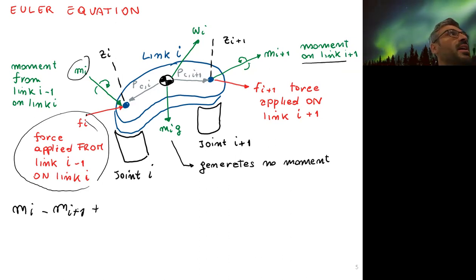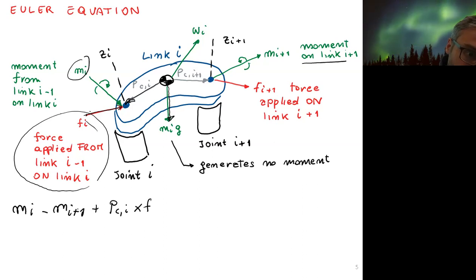Since we are choosing the center of mass as pole to compute the moment balance, the gravity force will have no moment, so we don't consider that. To compute the moment of Fi, we consider the cross product of P_C_I, the vector from the center of mass to the application point of Fi, and the moment of this force will be this.